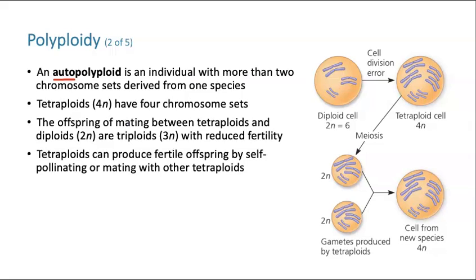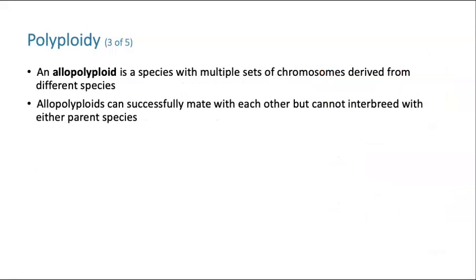And it turns out that you can have polyploidy happen between 2 different species, each of which has a different set of chromosomes. So we use the term allopolyploidy. Remember, allo, we just learned this term in this chapter. Allo means different, right? We talked about allopatric speciation.